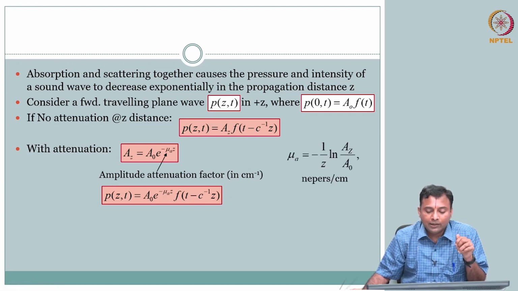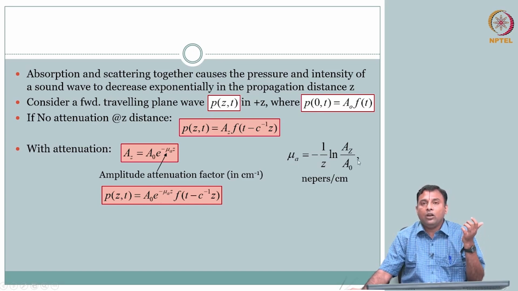Of course, there are other units they play with, because your mu a can also be written, since you have an exponential, in terms of natural logarithm: 1 by z ln of A z by A naught. Here it is called Nepers per centimeter.